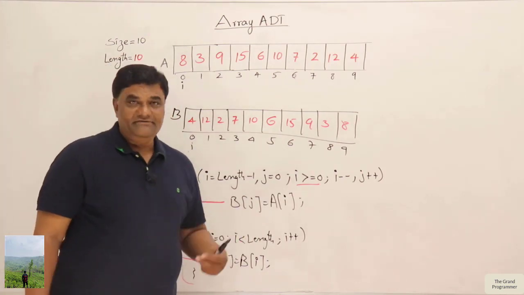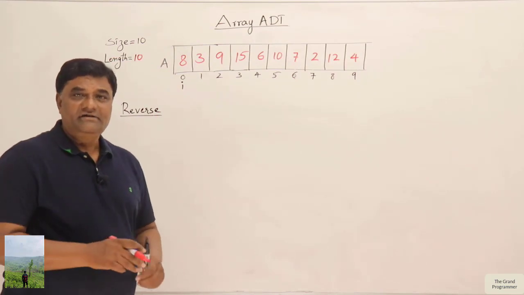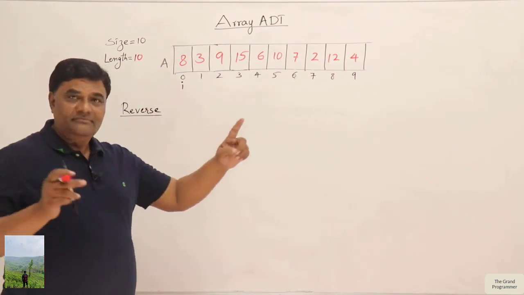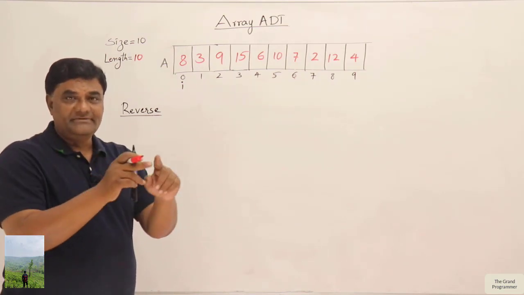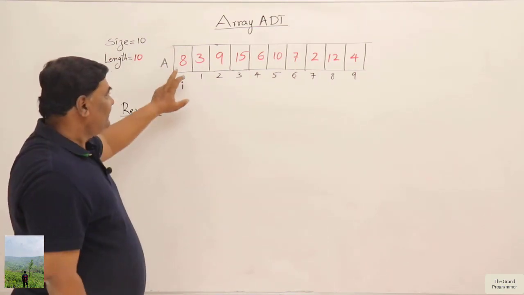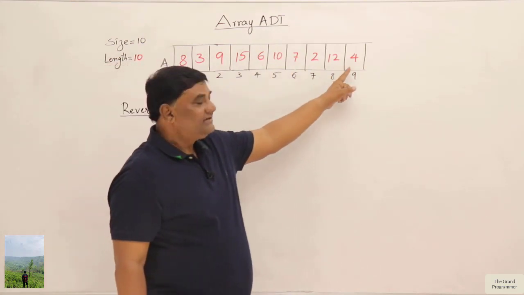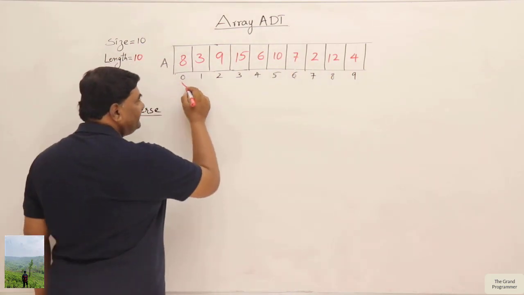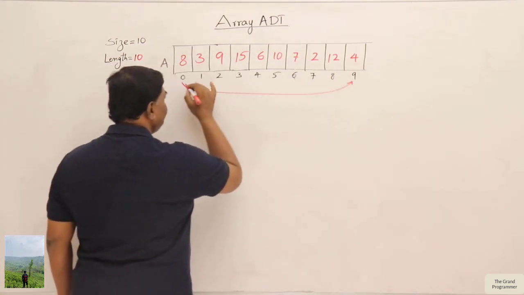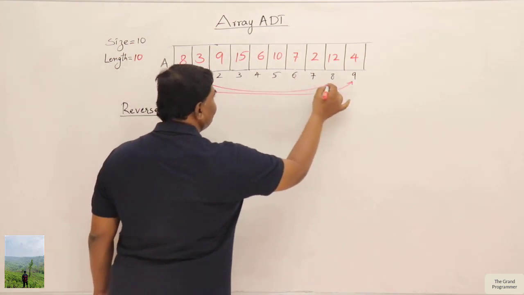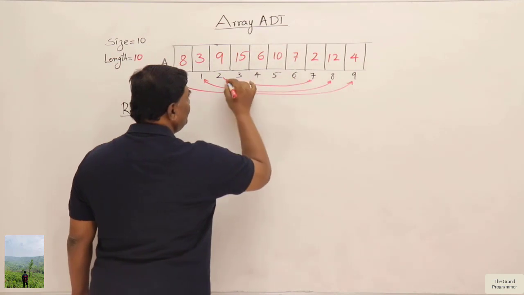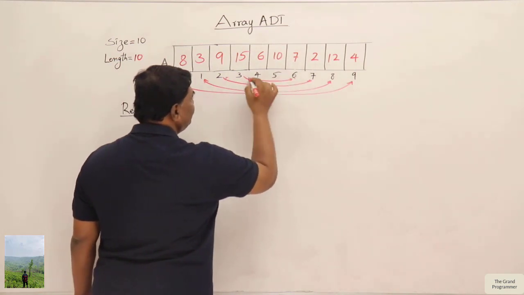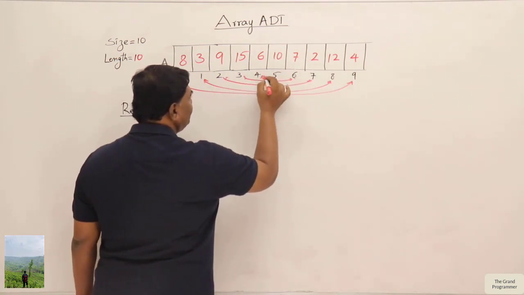Now I will show you the second method. In the second method, we can scan from two ends of an array and interchange the elements, swap the elements. Like the first element is swapped with the last element. We will swap these two elements, interchange them. Then these two elements are swapped, 3 with 12 and 9 with 2, then 15 with 7, then 6 with 10.